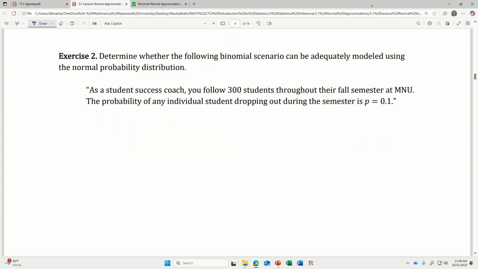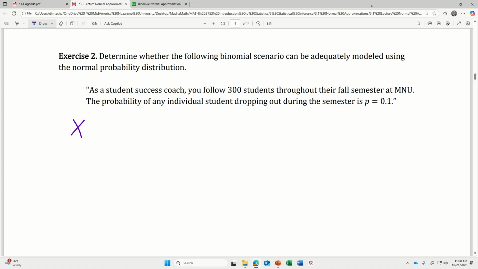Okay, let's do another one. Determine whether the following binomial scenario can be adequately modeled using the normal probability distribution. It says, as a student success coach, so all of you probably know Lee or Sienna at the Student Success Center, let's say that they follow 300 students throughout their fall semester at MNU. And the probability of any individual student dropping out during the semester is 0.1. So this is a binomial distribution.